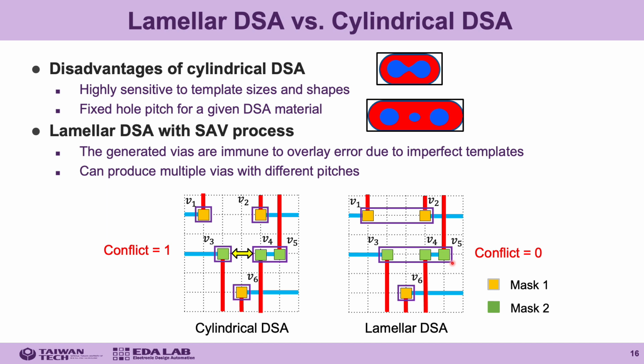In addition, a lamellar template can produce multiple via holes with different via pitches, increasing the flexibility of template design. As a result, an example layout shown here shows that lamellar DSA may resolve more conflicts compared to cylindrical DSA.